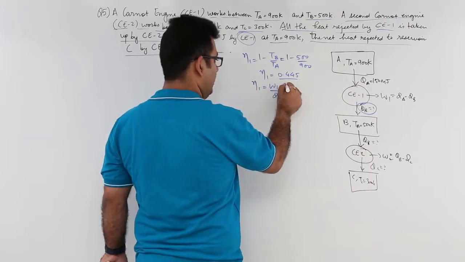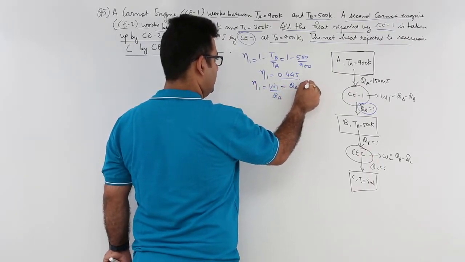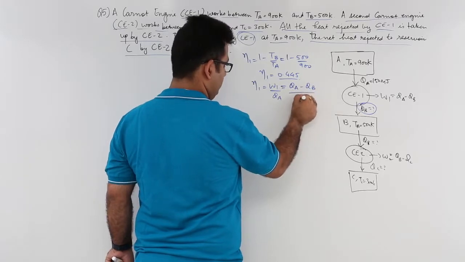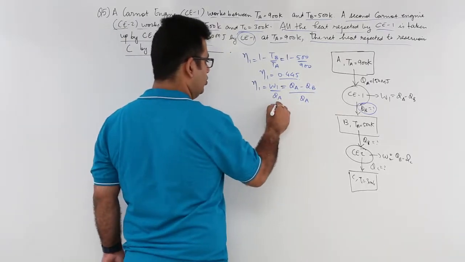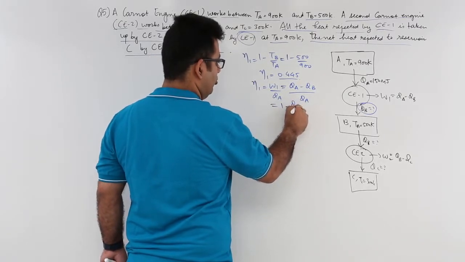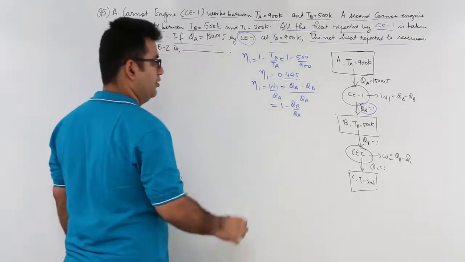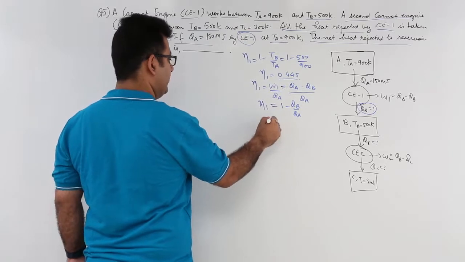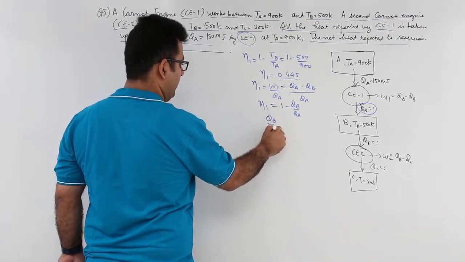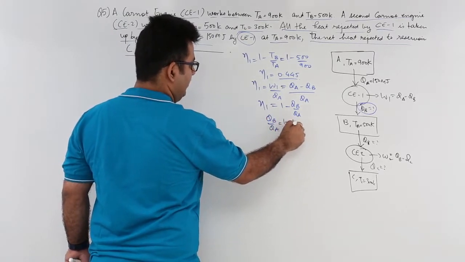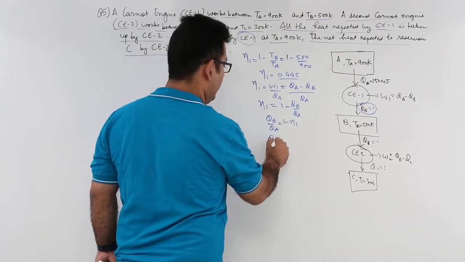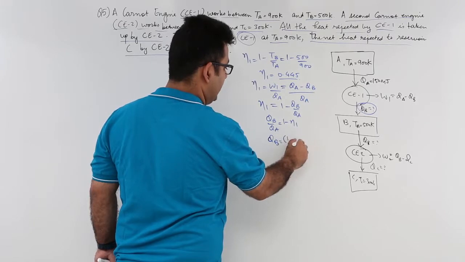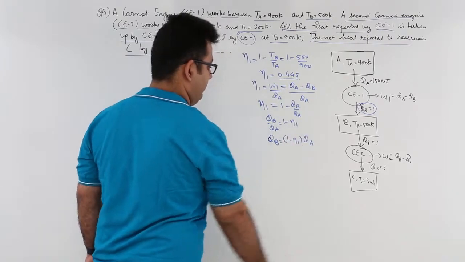So W1 is equal to QA minus QB by QA. This would be equal to 1 minus QB upon QA. So this is eta 1. So QB upon QA is equal to 1 minus eta 1. You can take QA up there, so you will have QB is equal to 1 minus eta 1 into QA.